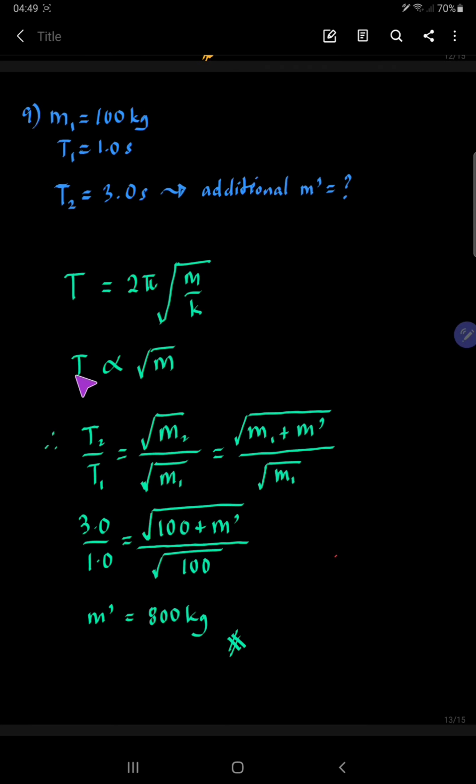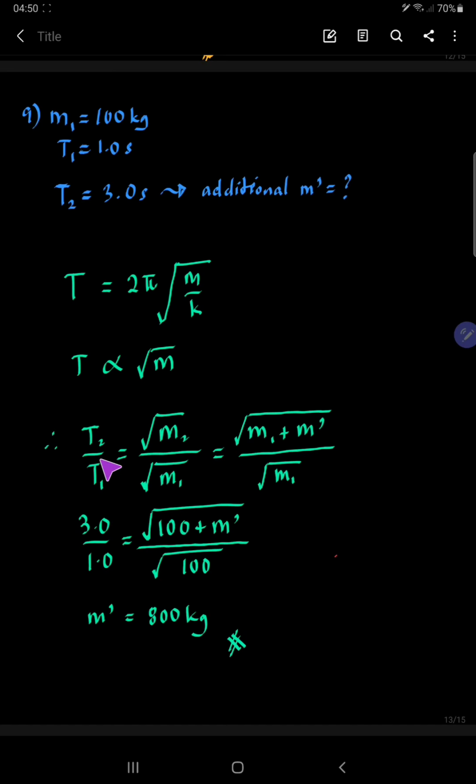As we know, T and the square root of m are directly proportional. By having two different situations, T1 and T2, we take a ratio between the second situation and the first situation. So T2 over T1 equals the square root of M2 over the square root of M1. M1 is the original mass before, and M2 is the new mass, which is the original mass M1 plus the additional mass M prime.